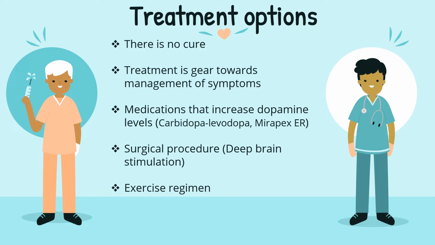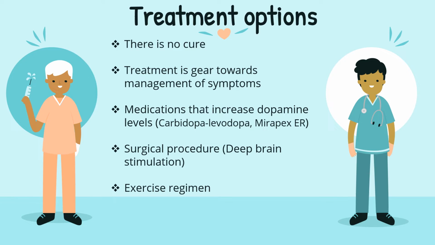Treatment: well, there's no cure for the disease. They don't know what caused it, and they don't have any cure for it. But there are treatments that are manageable. They call them manageable treatment options because they only treat the symptoms of the disease.